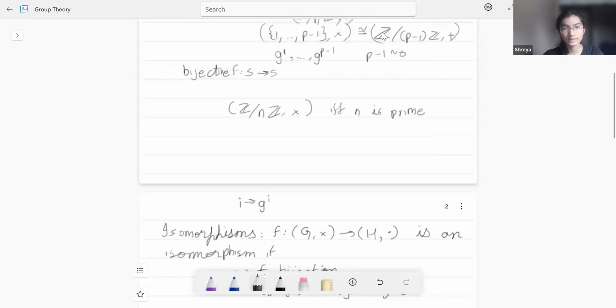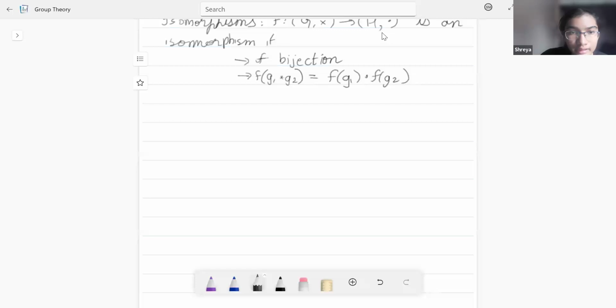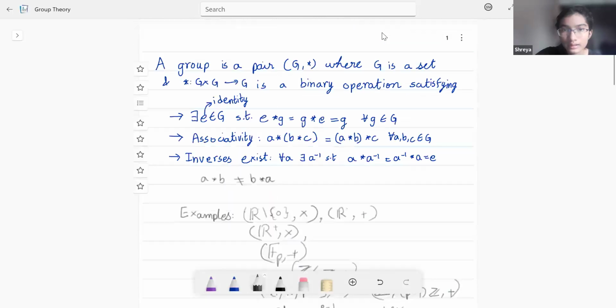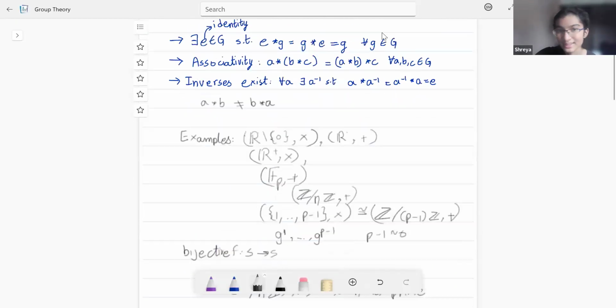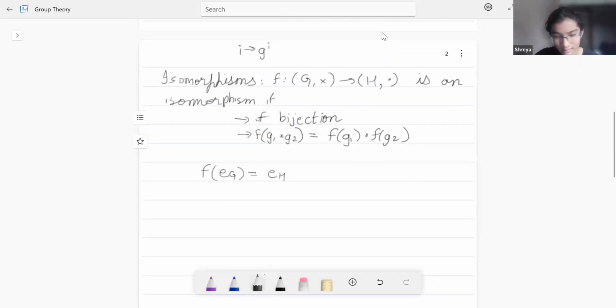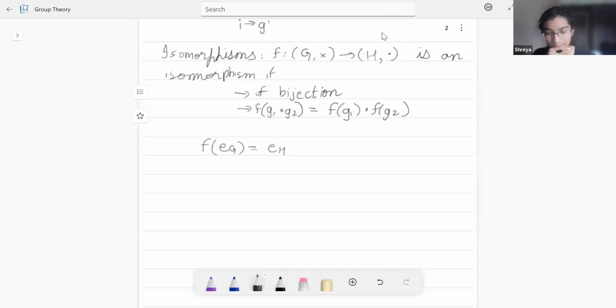Then you can say that first of all, we'll need to prove that f of the identity in G is equal to the identity in H. Because if it's basically the same, then the identity should go to the identity. So how can we show this?